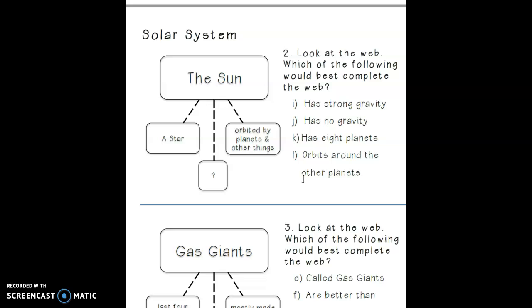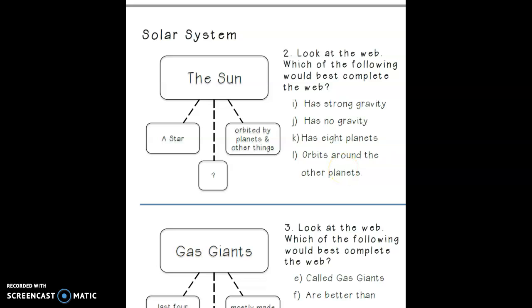First of all, we know, based on what we read up above, that it has strong gravity, yes. However, that means that J is not factual, and the planets actually revolve around the sun, so L would also not be factual. So we're down to 2.